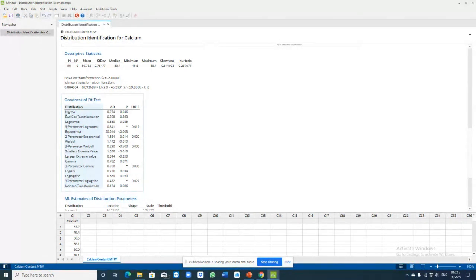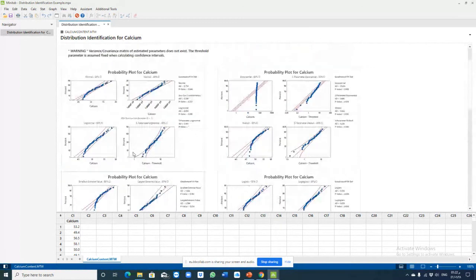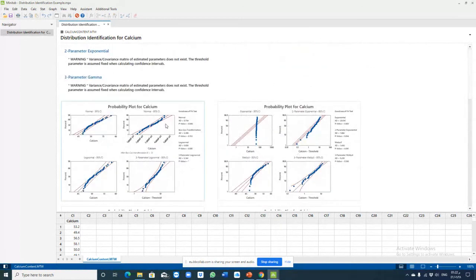And in this case, we have the normal distribution, and the lower the p-value gets, the better the fit. Also, it shows you the fit for every distribution here, and this is the good thing. It is also visualizing the data fitness.